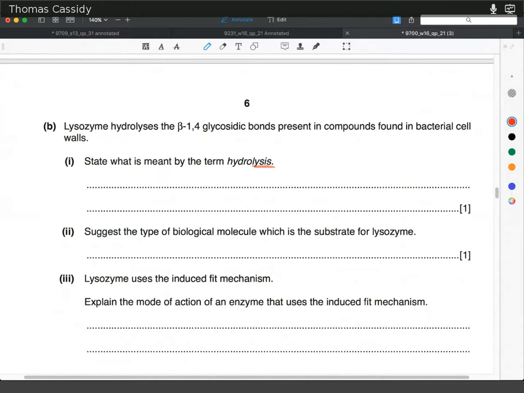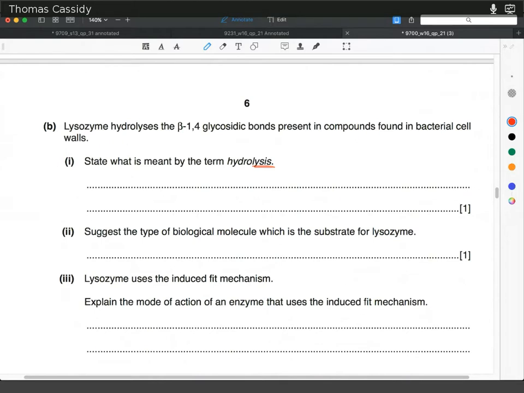Suggest the type of biological molecule, which is the substrate for lysozyme. So when it's asking what the substrate for this enzyme is, what does this enzyme act on? What's it made for? So you can say a few different things here.